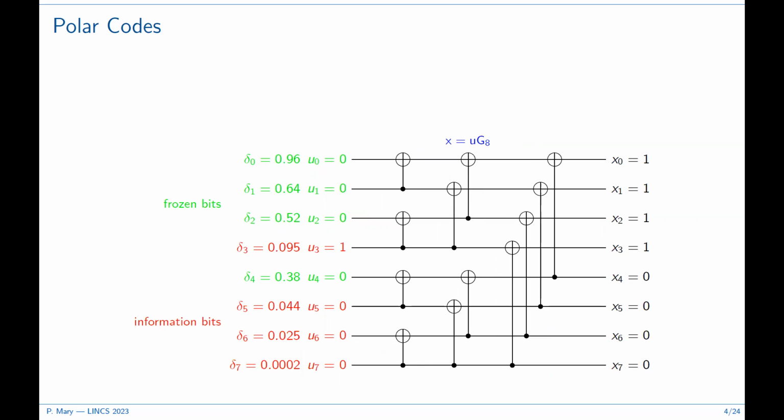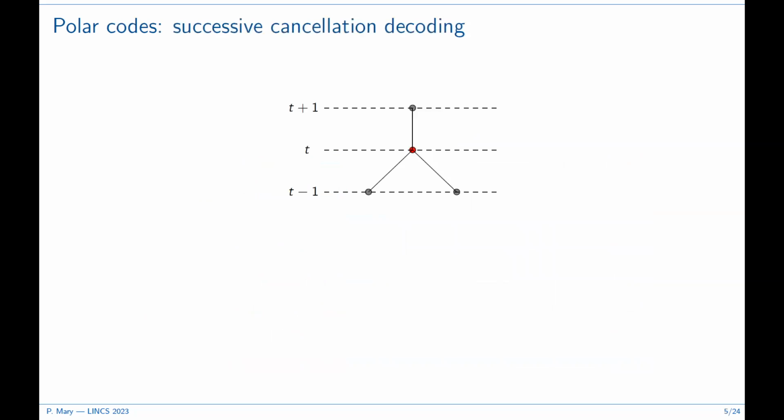This is an evaluation made for an original erasure probability of 1/3. We remark that some bits, in green, are erased with really high probability, and others are transmitted more or less all the time. So naturally, the bits in red will convey information, they will be the information bits, and the bits in green will be inactive and do not convey any information. They are what we call the frozen bits, and they belong to a frozen set.